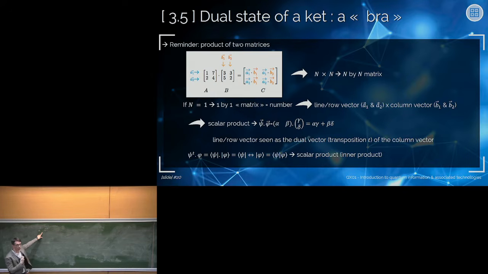The way I learned it is, if u was defined by two components a, b, and v would be c, d, then u can be written in a vector notation (a, b), and v can be written (c, d).